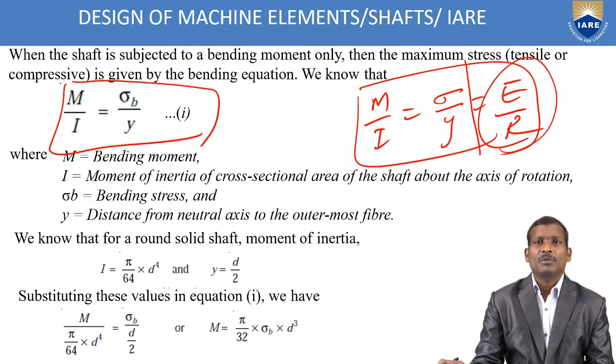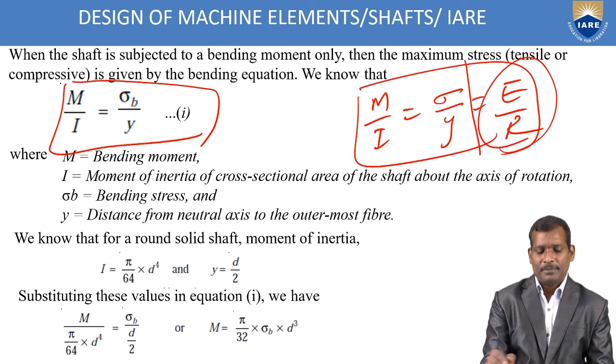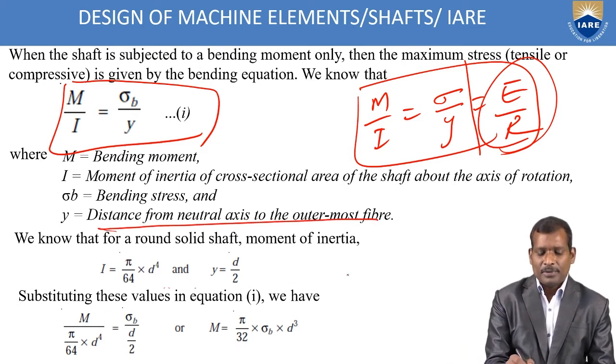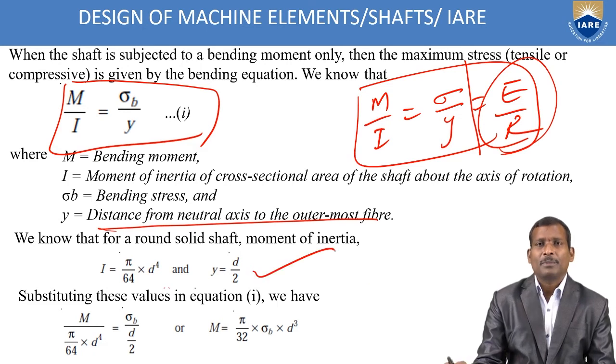Here M is the bending moment, I is the moment of inertia of the cross-sectional area of the shaft, sigma_B is the bending stress, and Y is the distance from the neutral axis to the outermost fiber. Already we know for a round solid shaft the moment of inertia I is equal to pi by 64 into d to the power of 4, and Y is equal to d by 2.